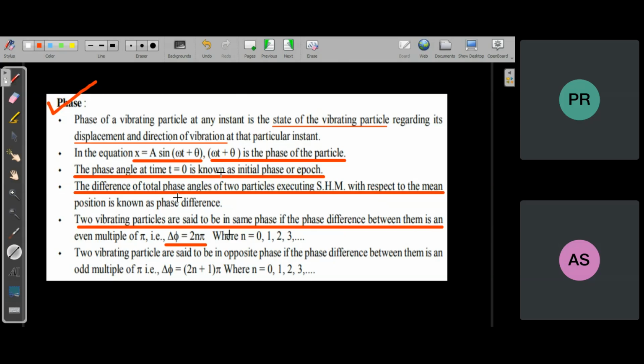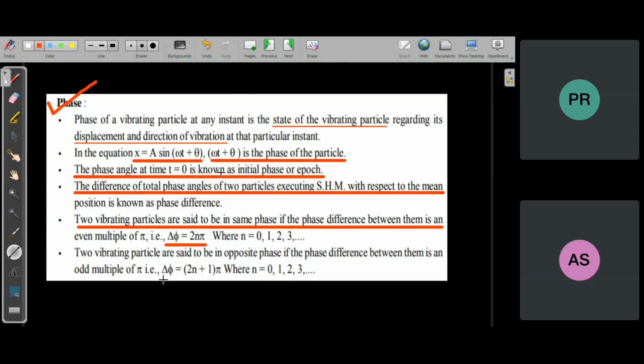And why they will be same? Because sine is a periodic function and it is periodic with 2n pi. So if you increase the angle by 2n pi, where n is an integer, again you will get the same value of sine.